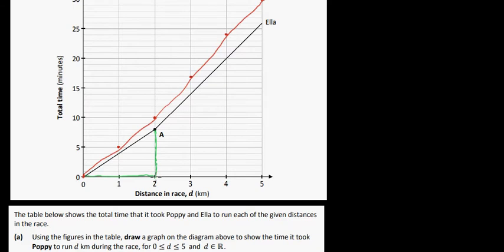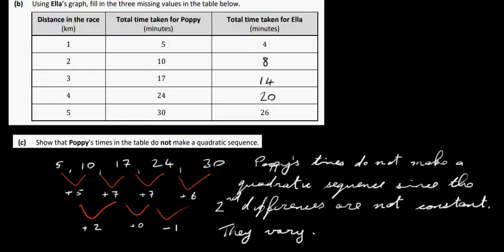It's 2 on the x-axis, so it's 2 kilometers, and up along here we've got 5, 6, 7, 8. We've got 8 along here, so it's going to be 8 over 2.